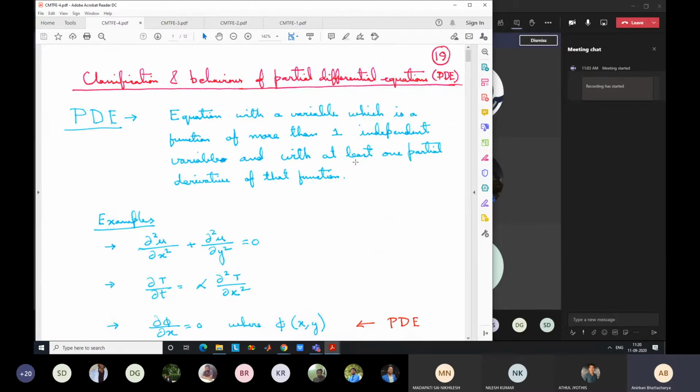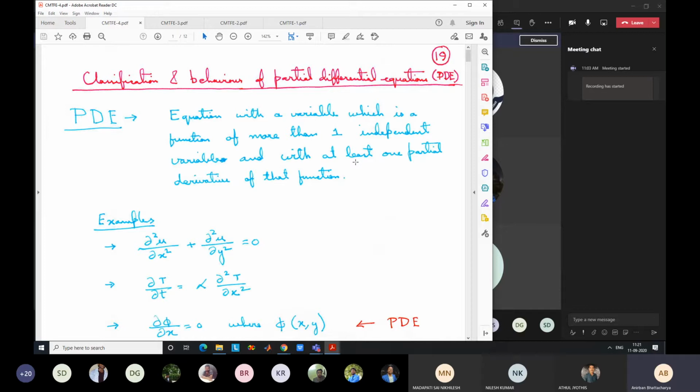So for one or two classes, we want to study the typical partial differential equations that we encounter in our CFD courses, which are basically second order partial differential equations, and how to classify them in a certain way so that we can identify the different types of behavior.